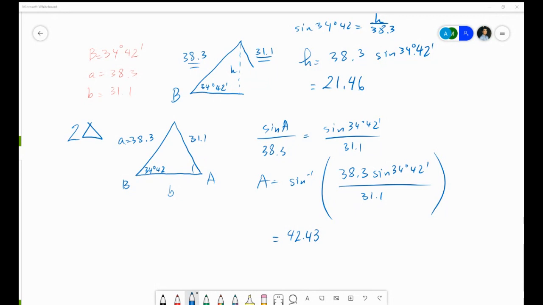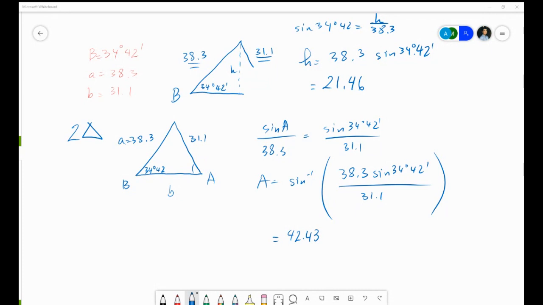Yeah, I got 44.51. So 31.1, 34.42. Now, when you did the angle, did you do 34 plus 42 over 60, or did you use the angle in degrees?